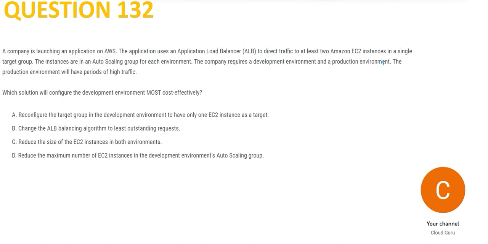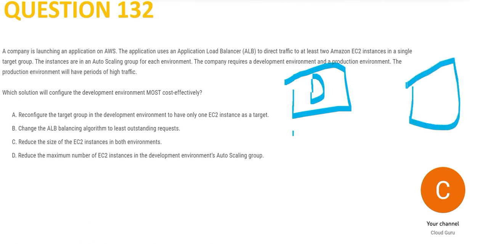Now, this one is our next question. There is a company, and they have both dev and production environments. Suppose this box is your dev environment and this box is your production environment. They have both these environments, and the production environment will have a lot of high traffic.